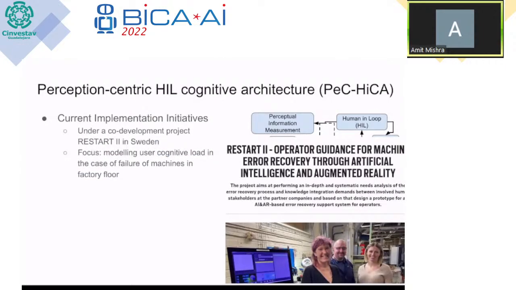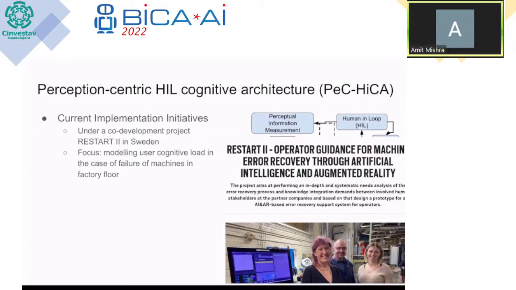Coming to what's the status now, the current implementation initiatives. I'm working with a group of industries and a university in Sweden through a project in which the focus is mostly, if there is a failure on the factory floor, how do you make sure that things are restarted as soon as possible with as little harm to the overall flow as possible.